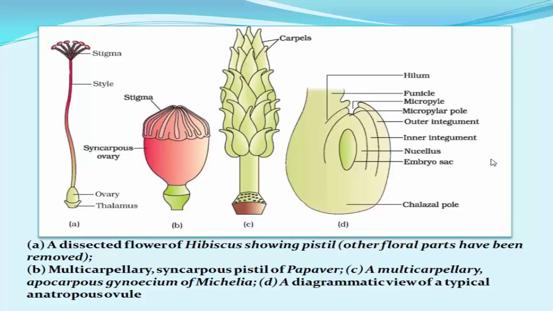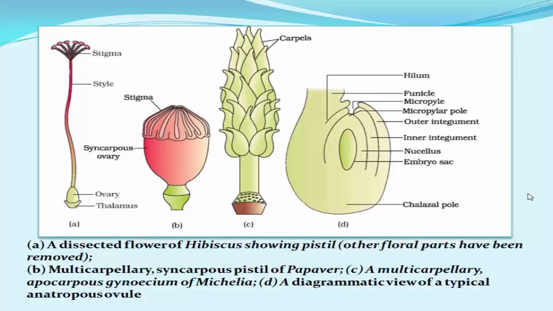Here you can see the different diagrams. This is a typical pistil. This is a syncarpous pistil, an apocarpous pistil, and this is the diagrammatic representation of an anatropous ovule. What is this pistil? It is an individual unit of gynoecium, and the gynoecium is the female reproductive part of the flower.